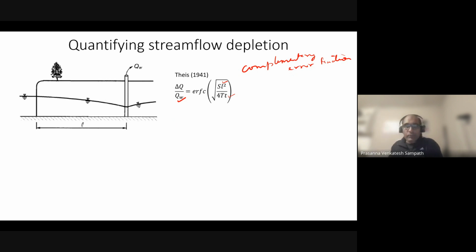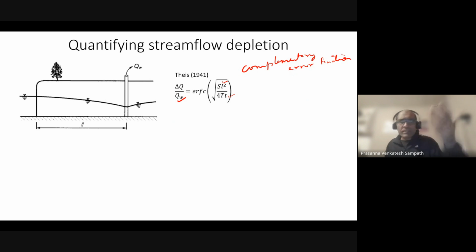Hydraulic diffusivity is T by S. Here I have the inverse of the hydraulic diffusivity. So the depletion delta Q depends on what the pumping rate is, at what distance the pumping is happening, for how much time the pumping is happening, and the aquifer properties.